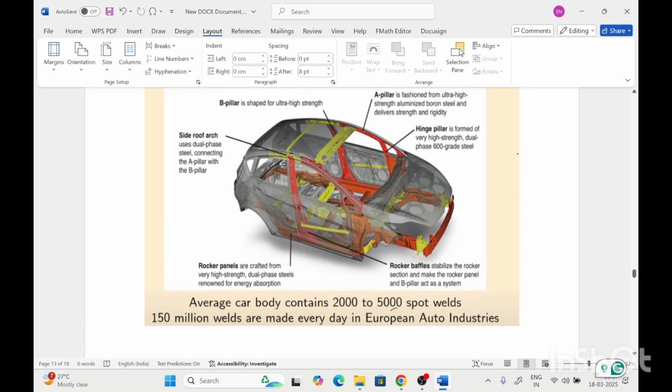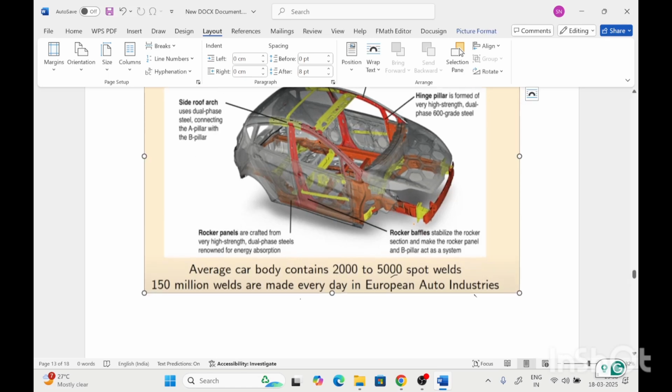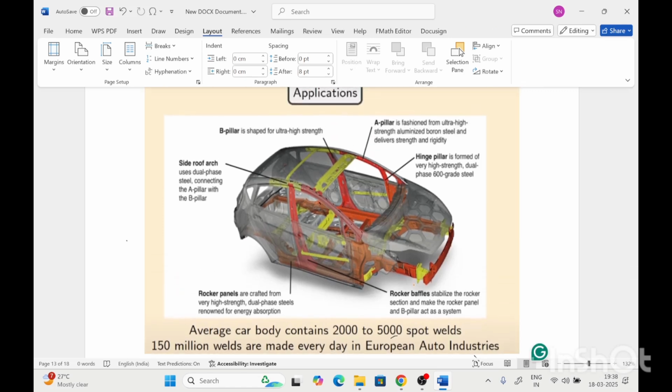These are all the resistance spot welded joints. And 150 million welds are made every day in the European auto industry. So worldwide, crores of spot welding joints are formed in a day. The application of resistance spot welding is very vast.